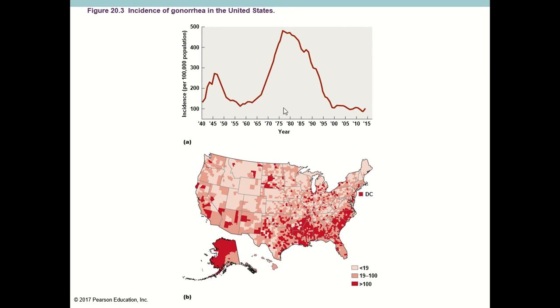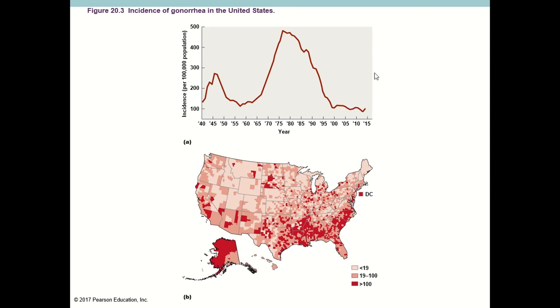And then look at the 80s, 1975 to about 1985. Look at the high rise, right, of the incidences of gonorrhea in the United States, and that obviously in relation to what is happening after the 2000s.